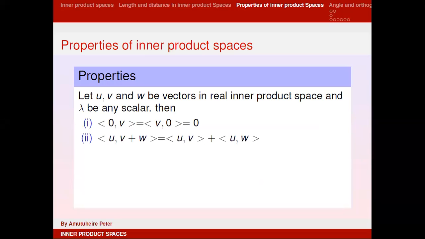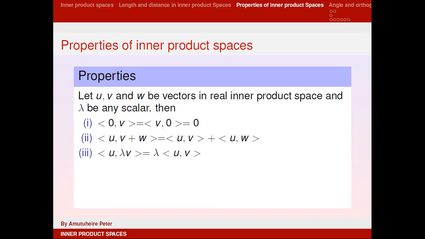The second property is that the inner product of U with V plus W can be distributed. So the inner product of U, V plus W is the same as the inner product of U, V plus the inner product of U, W.